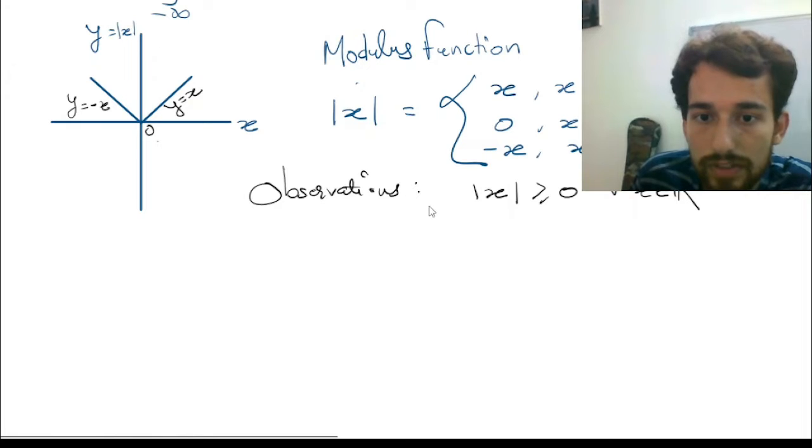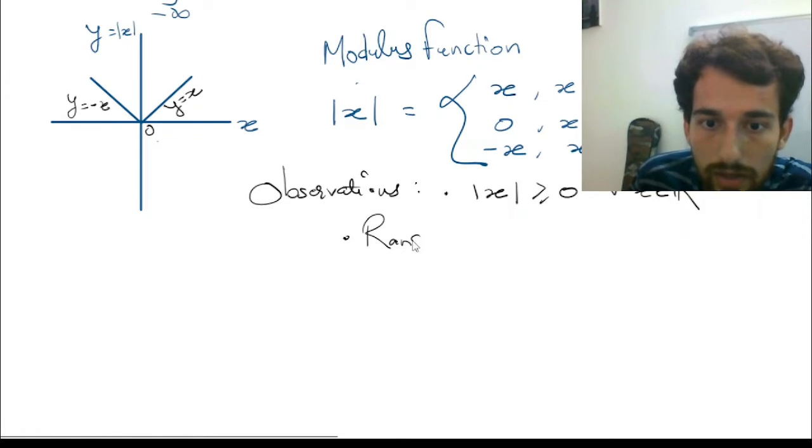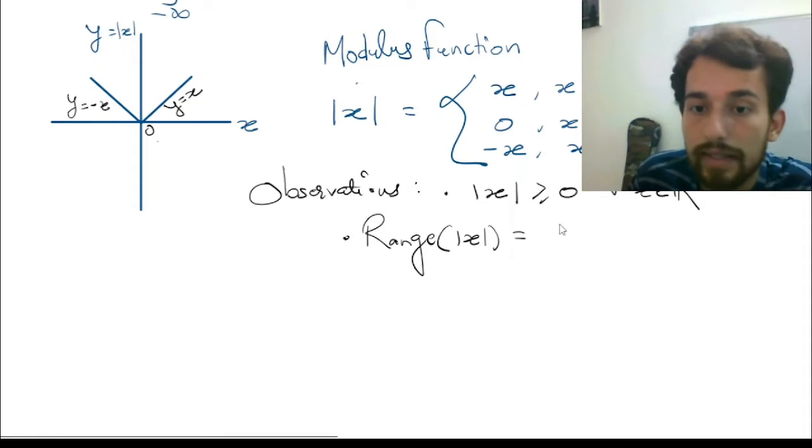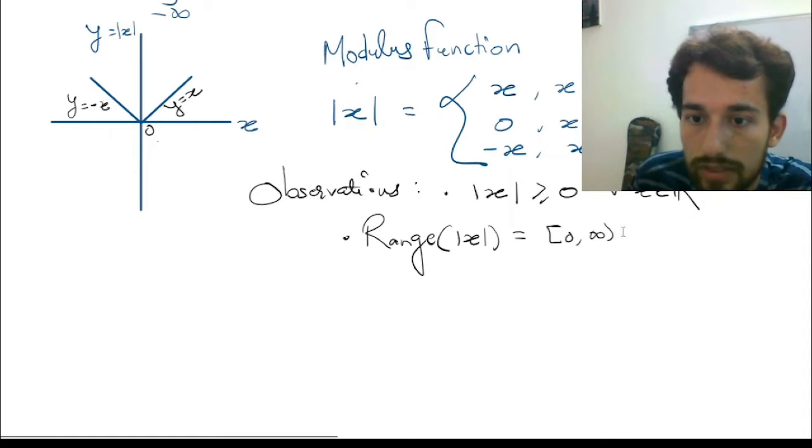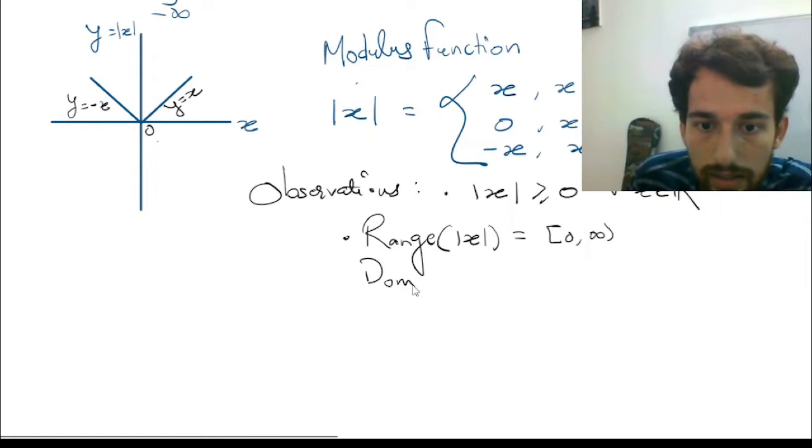The second observation is that the range of this function modulus of x is the interval 0 to infinity. It can assume values in this range, and the domain is pretty clear. It is the whole real number line.